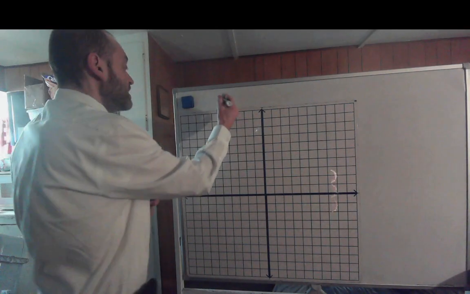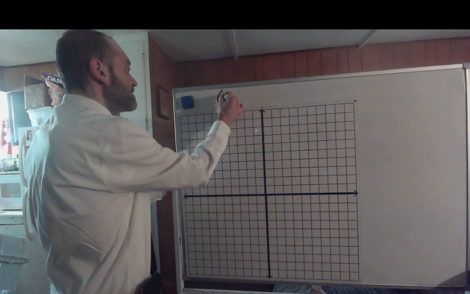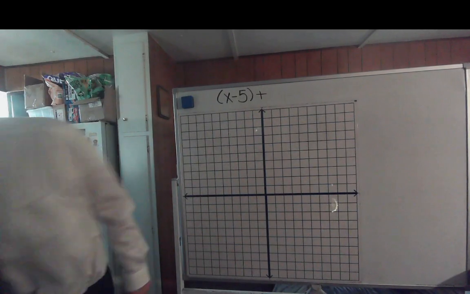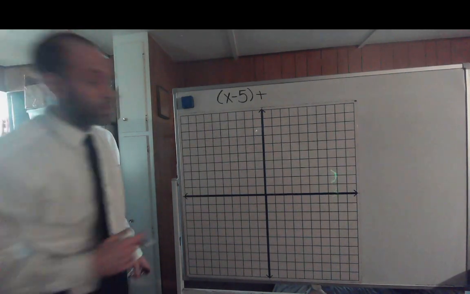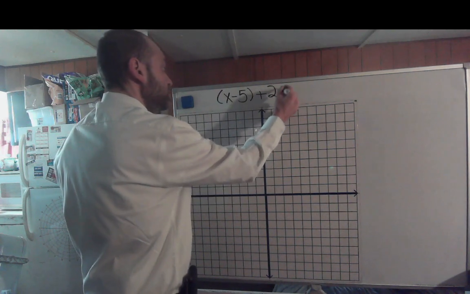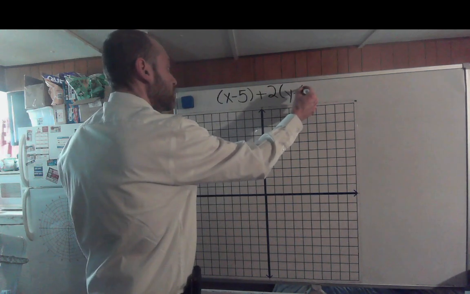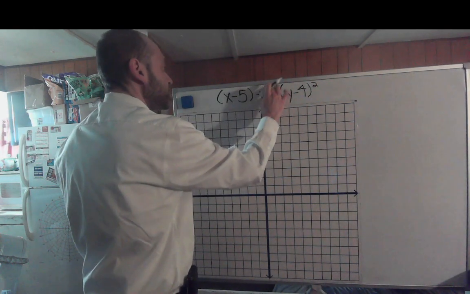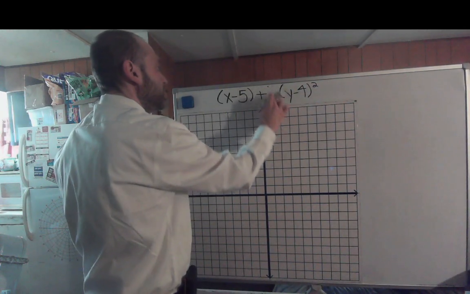Alright, so we are given x minus 5 plus, we'll do 2 times y minus 4 quantity squared. No, actually, let's not do that. I'm going to tweak it a little bit.